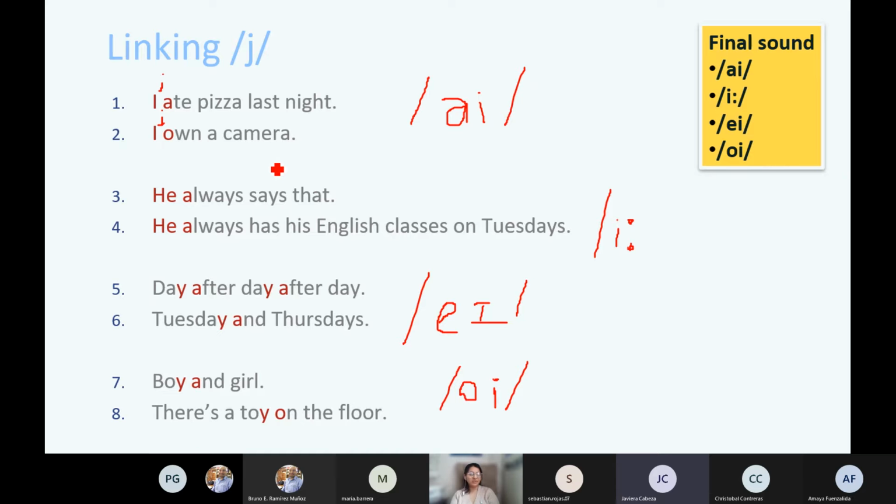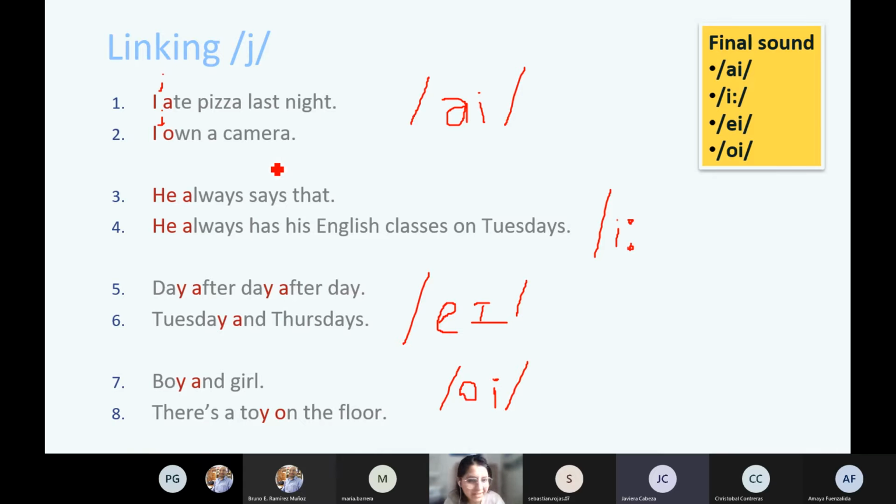It's produced naturally when we speak. It's not something that we do consciously, because I don't think we say I-j-ate pizza when we are speaking. We say I ate. So it's something that we do in a natural way.